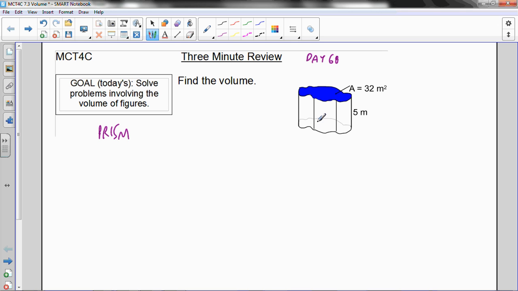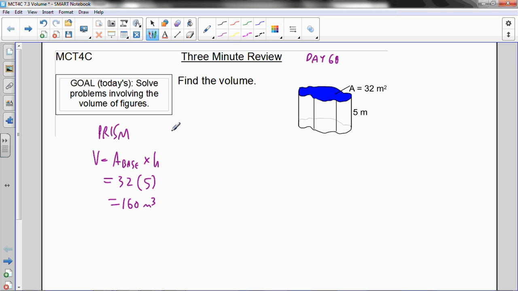I've got these two opposite parallel faces. The volume is the area of the base times the height. And this just happens to be exactly what we're given. We've got 32 meters squared times the height, which is 5 meters, and that's 160 meters cubed.